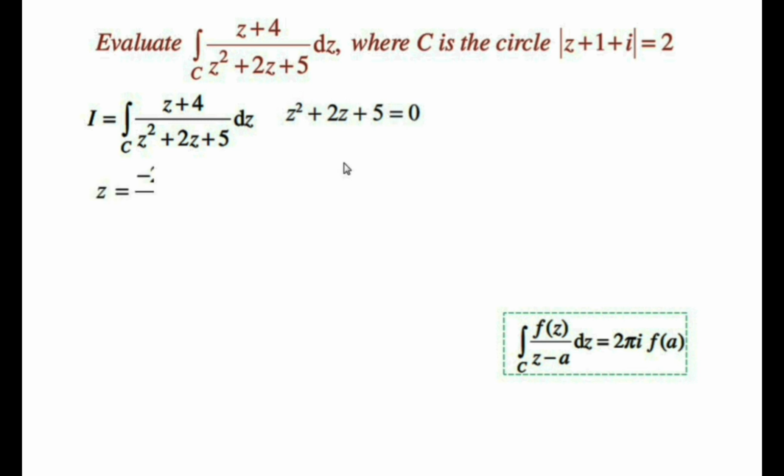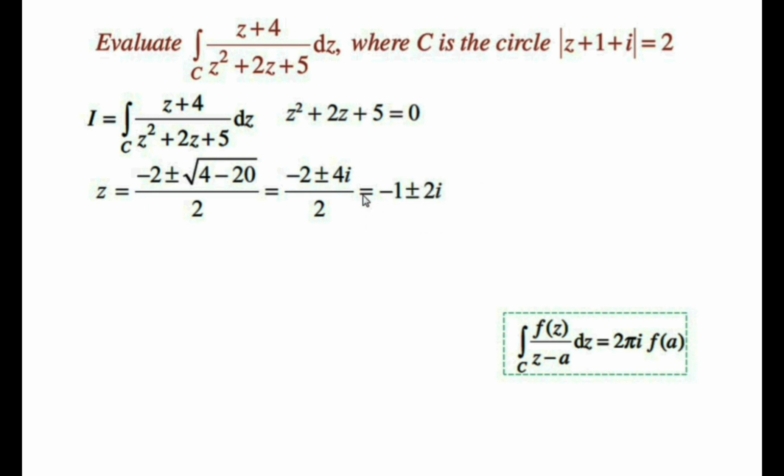The roots are z equals minus b plus or minus root over b square minus 4ac by 2a. It gives us negative 2 plus or minus 4i by 2, in the simplest form, negative 1 plus or minus 2i.